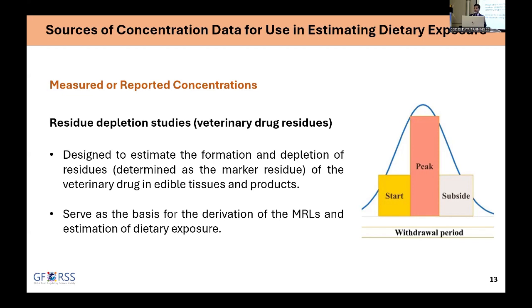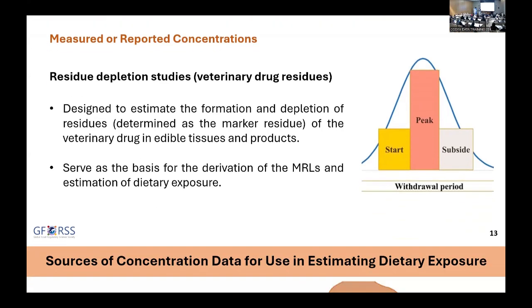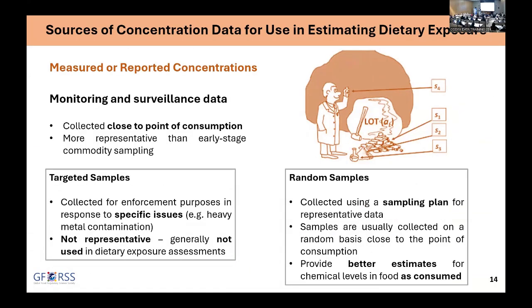So normally we have to target some edible tissues in the animal. But in other situations, we target some marker tissues, which are not particularly consumed in certain situations. So we have to pay attention to which data we are using. Again, always with the case of measured or reported concentration.